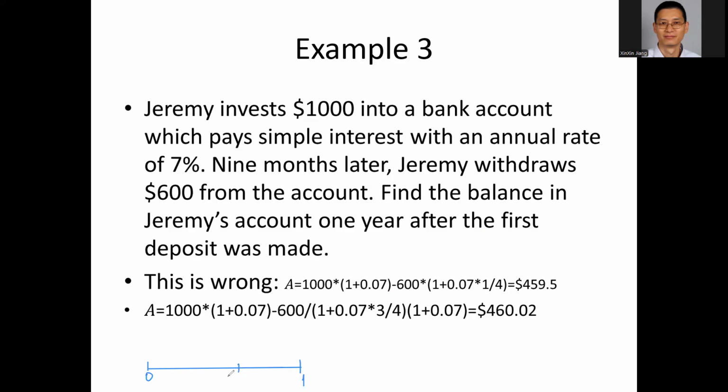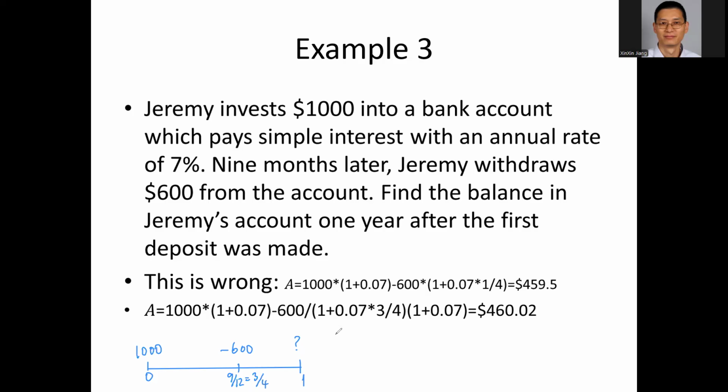So 9 over 12, 3/4 of a year. And originally, Jeremy invests $1,000, and then he withdraws $600. You put the negative sign, and then we're looking for the amount at time 1.